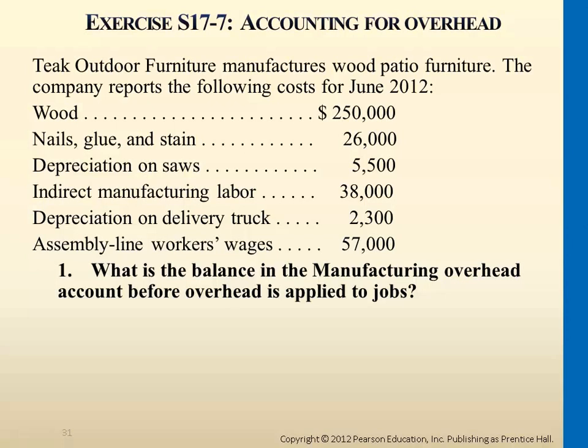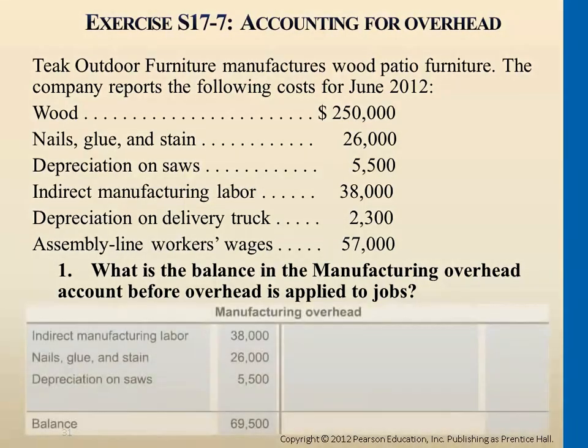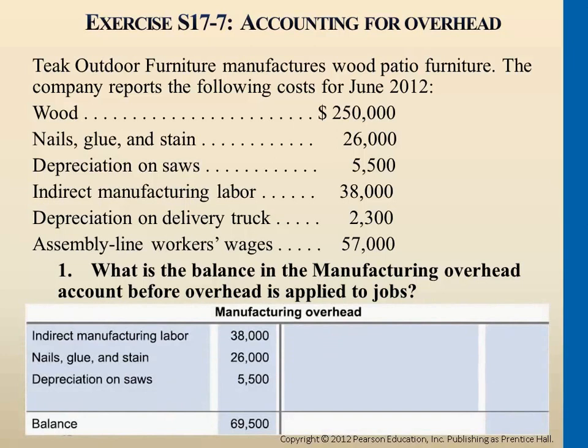Okay, assembly line workers' wages, wages payable, direct labor. Right. So really the ones that we need to take care of here are these three. Manufacturing overhead, 3 categories. Okay, so a total of 69,500.